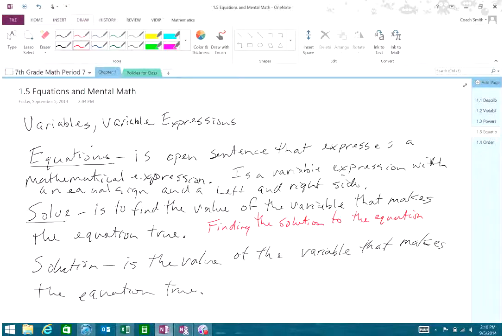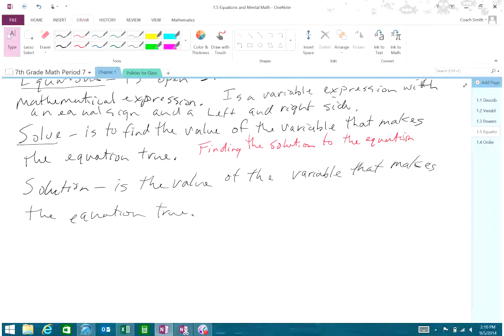Now, in your book, where does section 1.5 start? What page? 26? 26. Where's the box? What page is the box on? No, not that box. The one at the bottom of that other page.